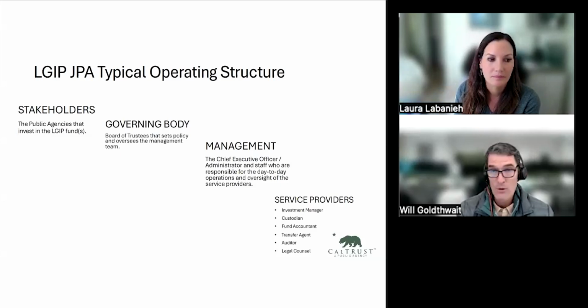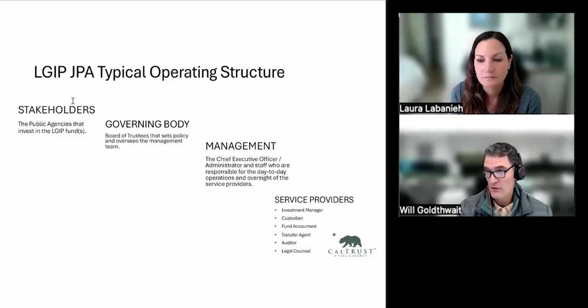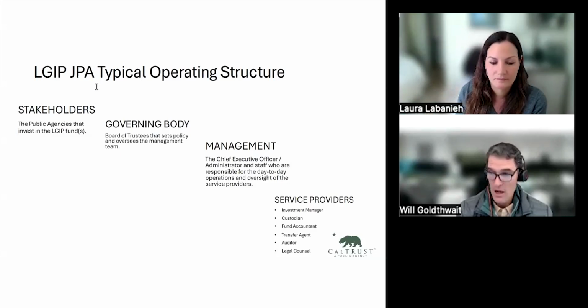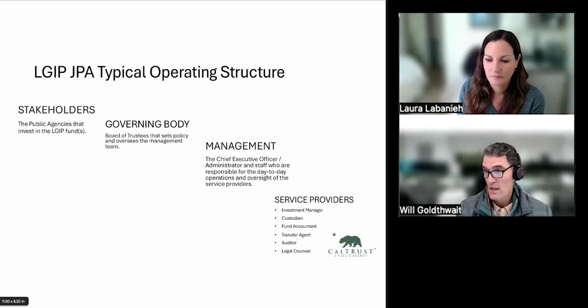We could outsource any of those things: the custodian, the fund accountant, the transfer agent, obviously the auditor, legal counsel. In some cases, legal counsel, transfer agent, and fund accounting could be within the organization.